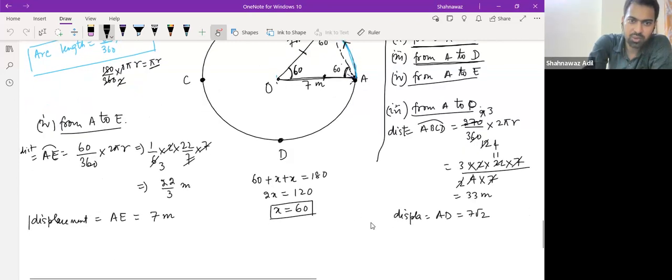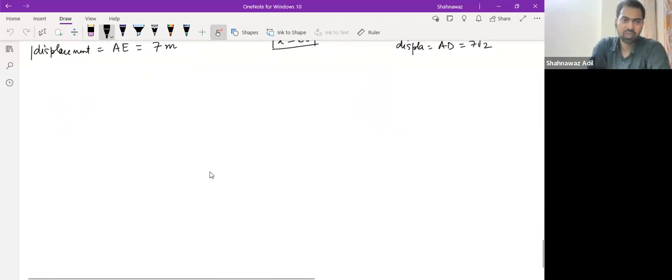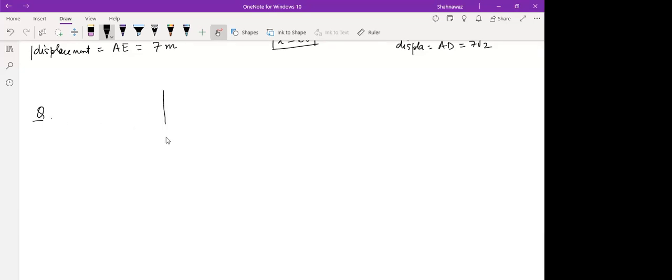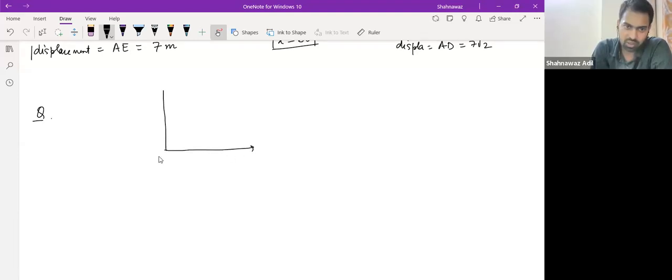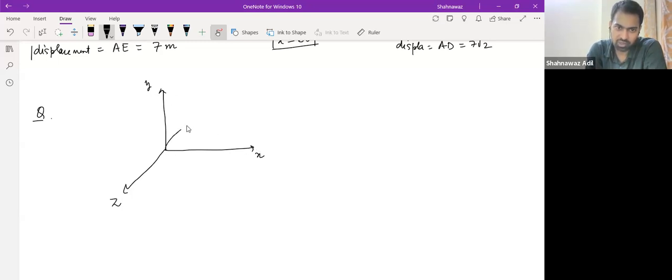So let's do this problem. Let's say we have these 3 coordinates, X, Y, and Z. A body starts from this point, and in the XY plane, it makes a semicircle. The radius of this semicircle is A. So it covers this much distance.